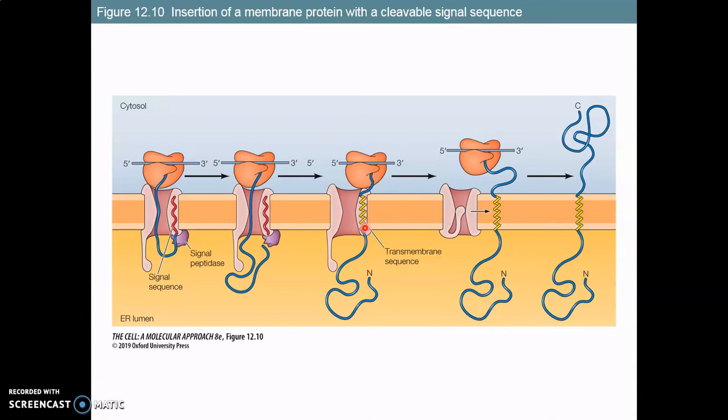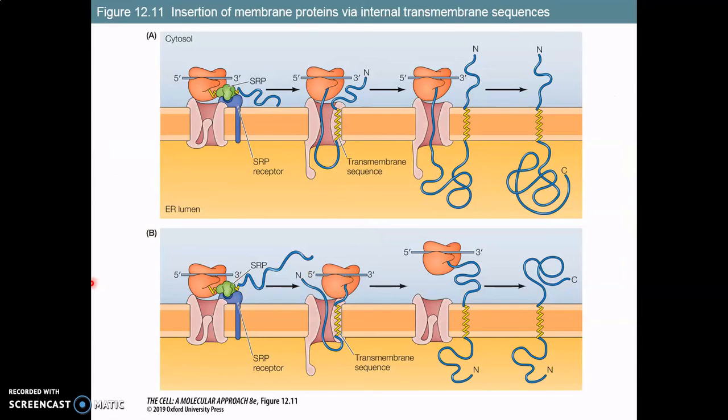Now let's go on and take a look at some of the other types. So here we have an example of what's happening with a type 2 transmembrane protein. The N terminus is going to end up being on the exterior, and the C terminus will be on the interior.